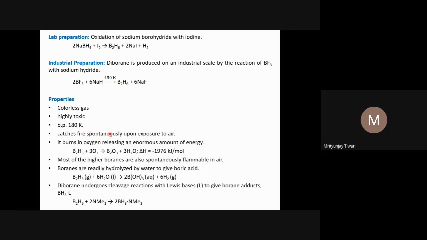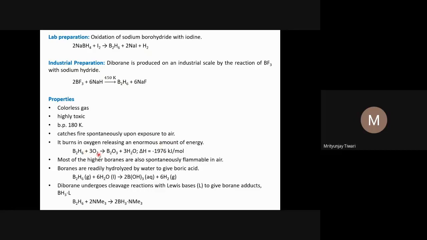It catches fire spontaneously upon exposure to air. So it reacts very fast with the air. It burns in oxygen and releases an enormous amount of energy. Like other hydrocarbons, diborane also gets oxidized and releases an enormous amount of energy, and that is why it catches fire spontaneously upon exposure to air, because air contains oxygen molecules.